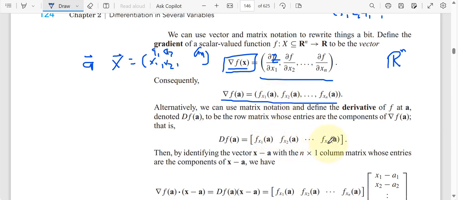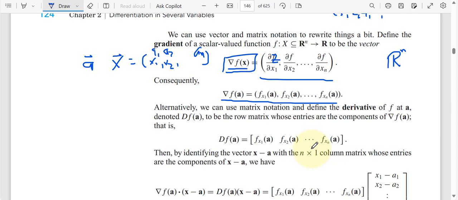Except for that, it's the same thing on the right-hand side here and here. Now, when we have commas, that means we're talking about a vector, at least in her book. And when we have just spaces, that means we're talking about a matrix.